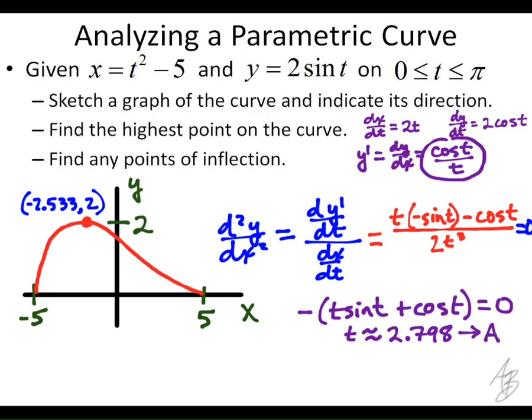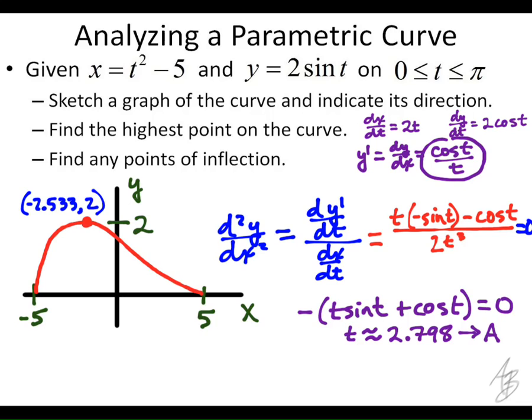The second derivative changed from negative to positive, which means that the function itself is changing from concave down to concave up, right? Which means that it's a point of inflection. So if I ask for a justification for something like this, you could say that the graph of the second derivative changes from negative to positive, which means that the curve itself changes from concave down to concave up.